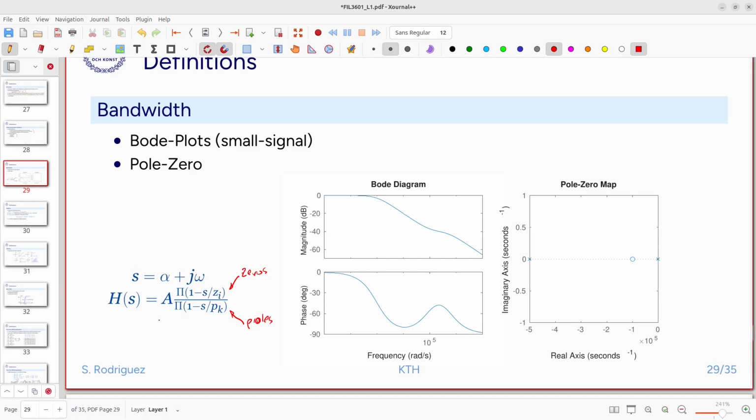Any transfer function can be factored into a Bode normal form in which we have zeros, poles, and a constant. Then we can plot these as in Bode diagrams, amplitude and phase. This is typically what the AC simulator will give us. Again, remember that this is only possible for small signal.